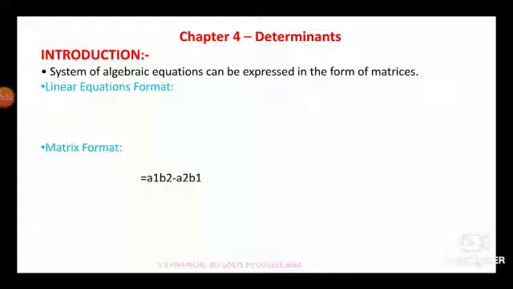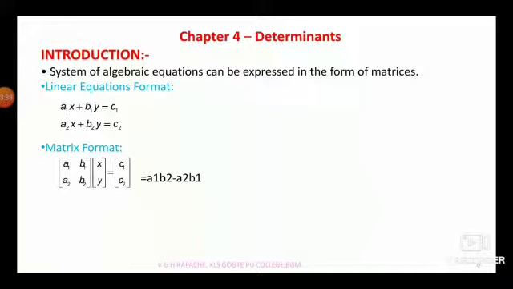The linear equations are as follows: a1x plus b1y is equal to c1, a2x plus b2y is equal to c2. These two linear equations can be expressed in the form of a matrix.